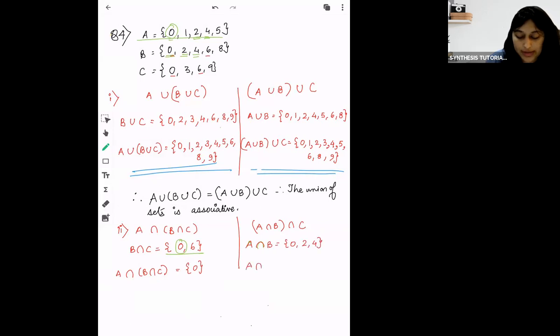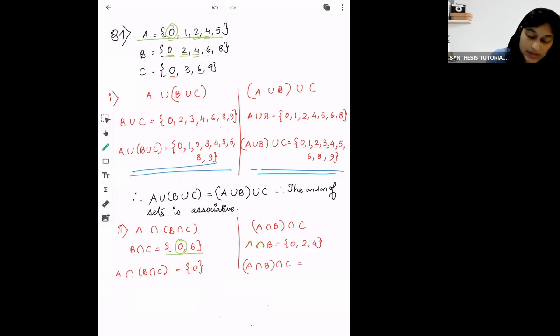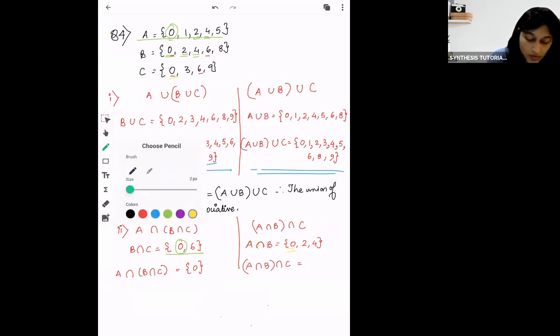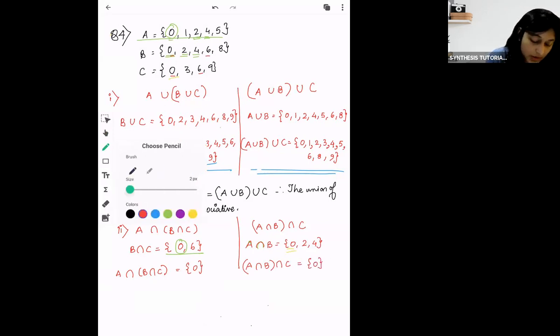But when you do the intersection of this with C, what is coming? अब C के साथ इंटरसेक्शन कर लो. 0, 2, 4 और C में 0, 3, 6, 9 तो सिर्फ 0 आ रहा है, right? Only 0 is getting common over here. So again you are getting just 0. So this proves that this is also associative, right?